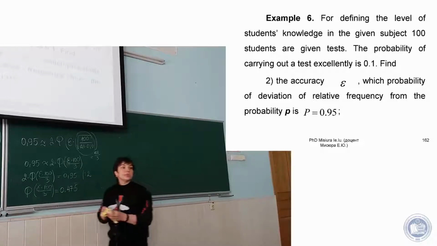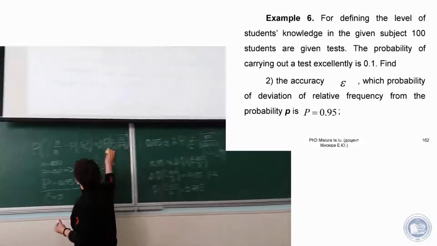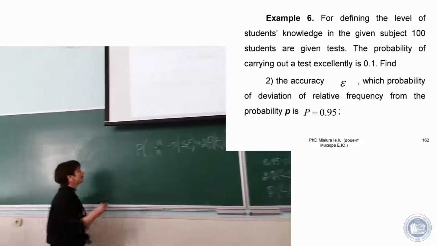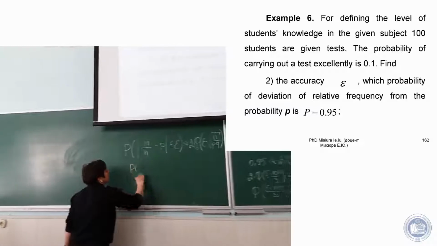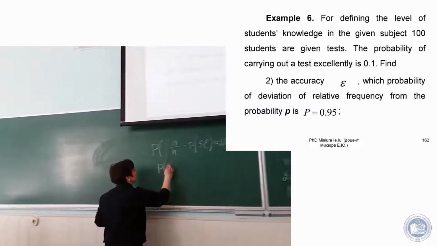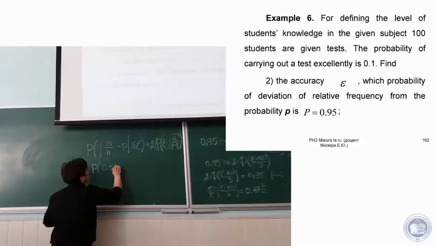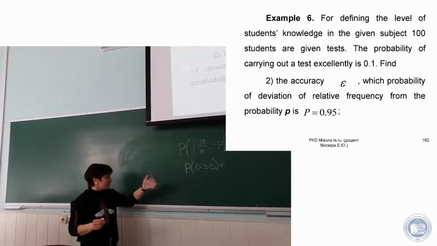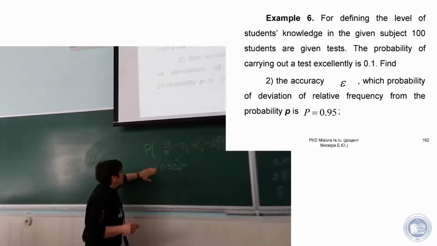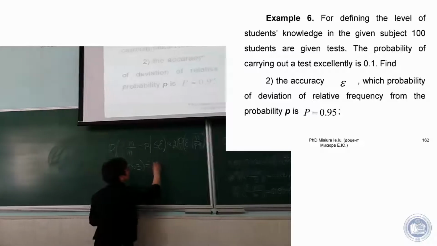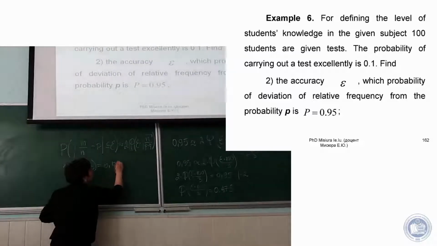And now, students, let's learn the inverse problem. For example, if you remember the previous example, you have solved this task: capital P of 0.33 equals 0.1293.